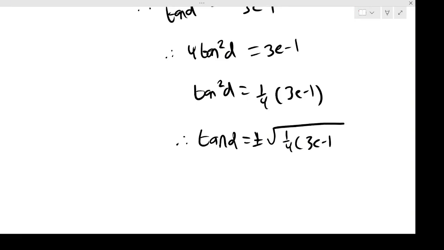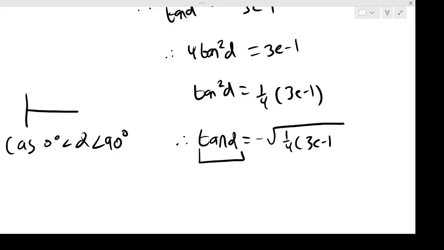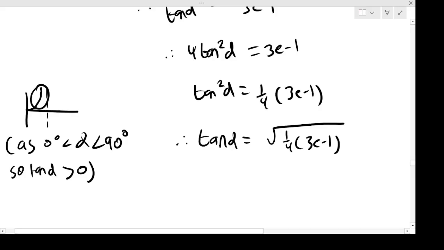It can't be minus, because alpha is between 0 and 90. So again, if you consider the tan graph between 0 and 90, it's positive. So tan alpha is going to be positive, okay? So we do not consider the minus case when solving. So it's just positive, okay? So hopefully happy with that.